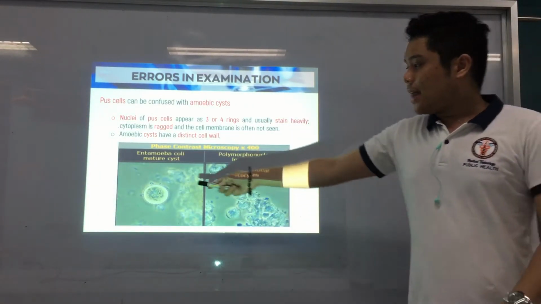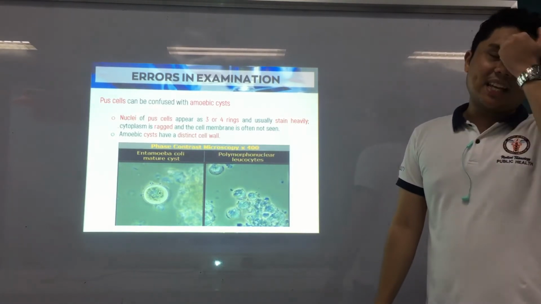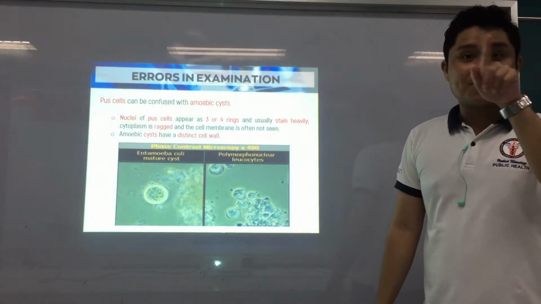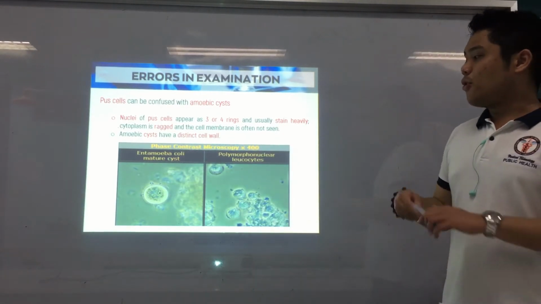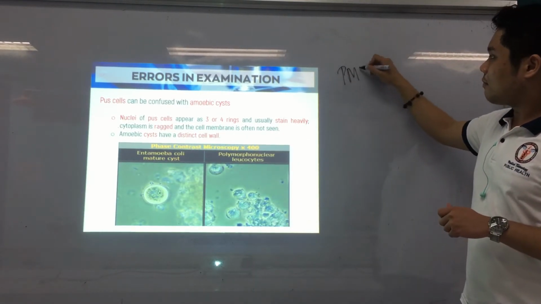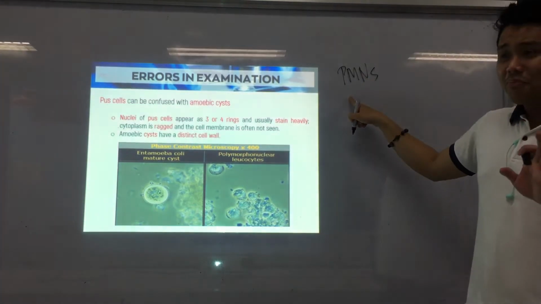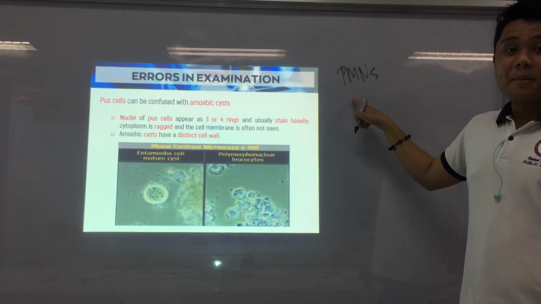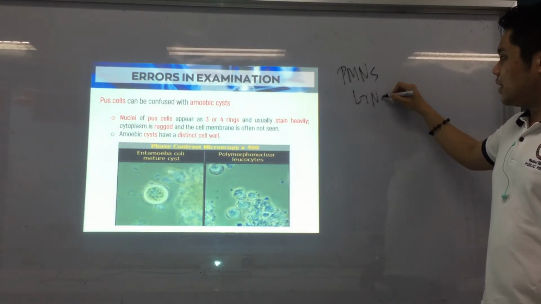So as you can see, the cell wall of the Entamoeba coli cyst is definite. You can see the shape, it's a circle or a sphere. Okay, and it's smooth, right? Whereas for your polymorphonuclear, your PMNs, that's the meaning. Sorry. Your abbreviation, PMNs, polymorphonuclear leukocytes, which are usually your neutrophils.